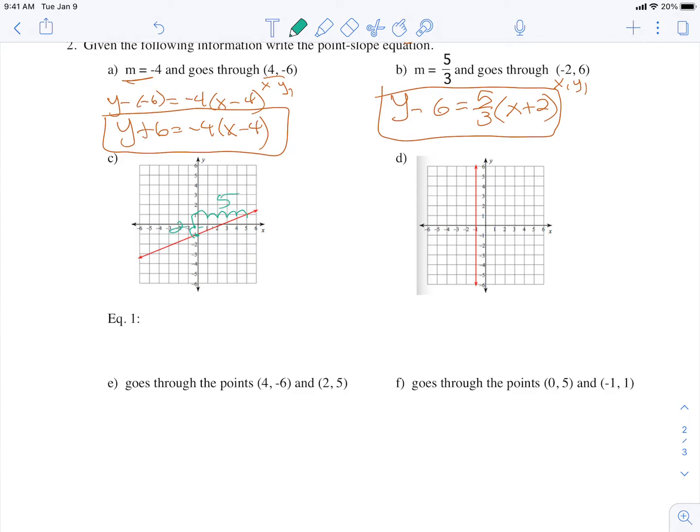I know you can write in slope-intercept form, but we want you to write in point-slope form. So now let's just pick a point. You could pick the y-intercept, or you could pick this point. Doesn't matter. Okay, let's just use 5, 1, and your slope is 2/5. And now my equation: y minus 1 is equal to 2/5 times x minus 5.